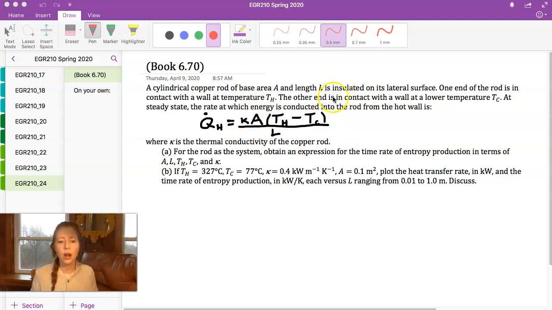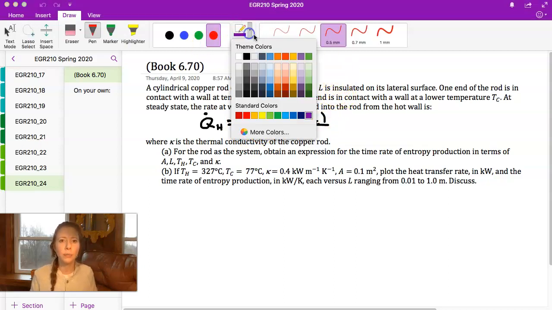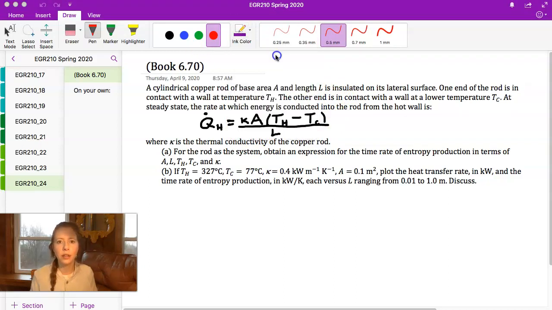Let's just draw a little sketch of our copper rod to begin with. So we're going to have a rod of length L, and it's going to be well insulated on its lateral surface, meaning that we're getting heat transfer across it in this direction.